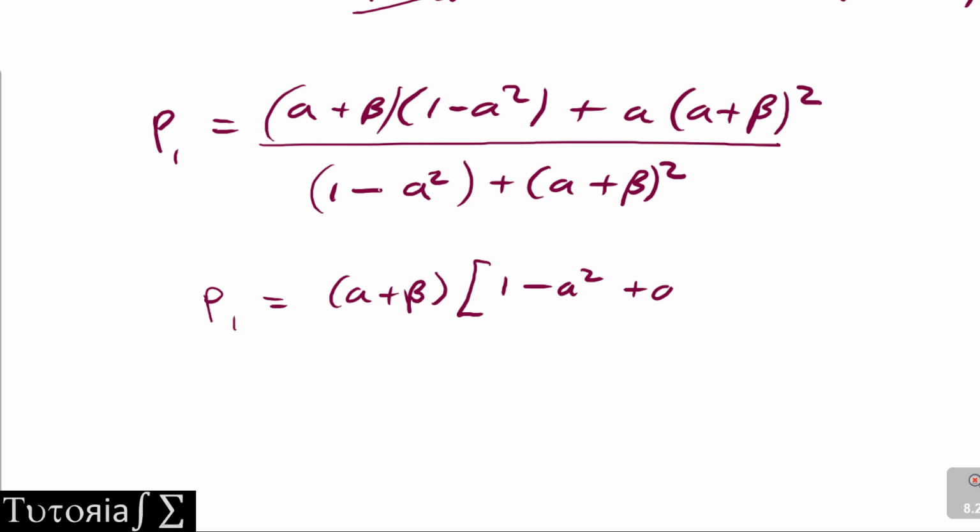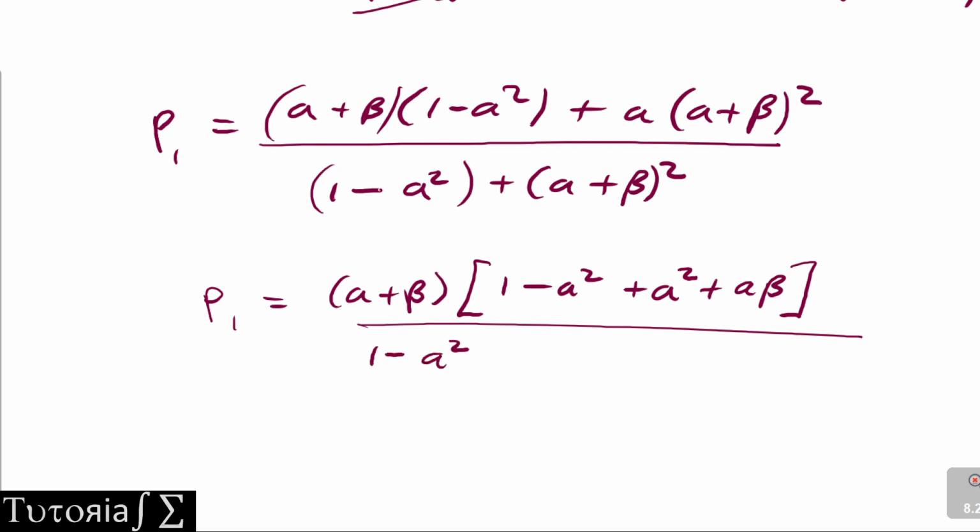That will give us a squared, and we can distribute the a, and that will give us a beta. Hope I don't lose you there. So here we factor out a plus beta. What we remain with is just the a plus beta. So we distribute a times a, that will be a squared, and then a times beta, that will be a beta. And on the denominator here, we have 1 minus a squared, and we can expand that. That will be a squared plus 2a beta plus beta squared.